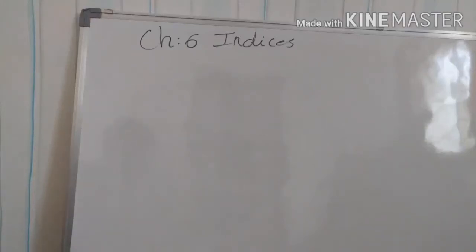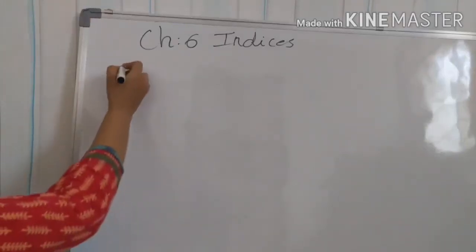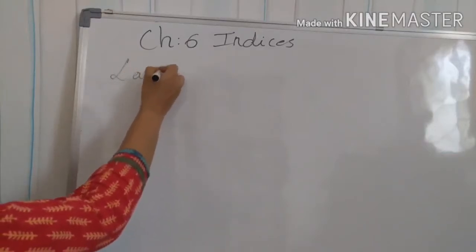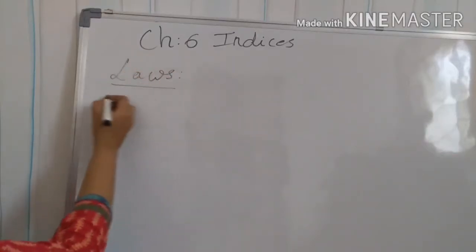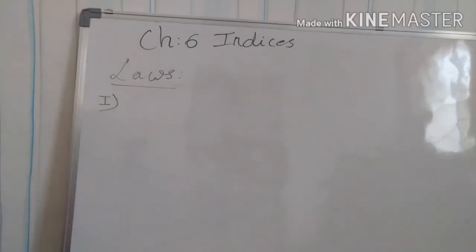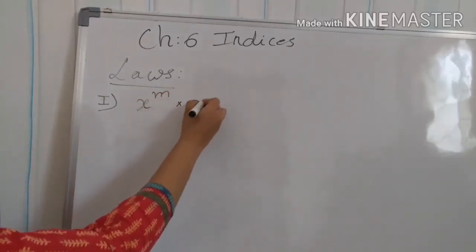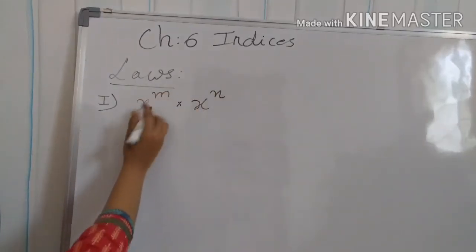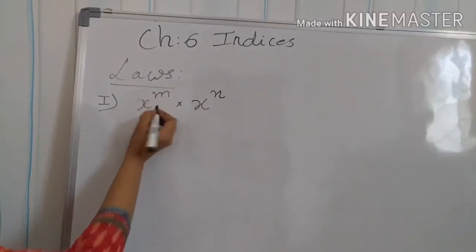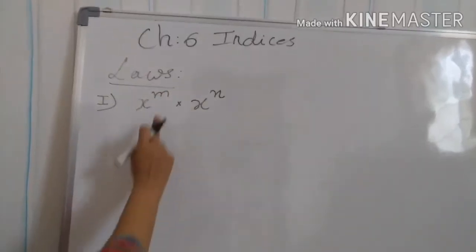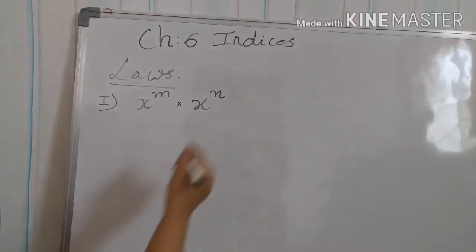Now let us start our laws of exponents. Here are some laws which are very important for your understanding. I am taking the first law. If I take x raised to m multiplied by x raised to n, see, the bases are the same, x, and there is a multiply sign in between.